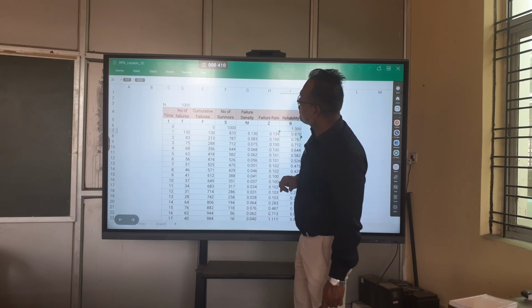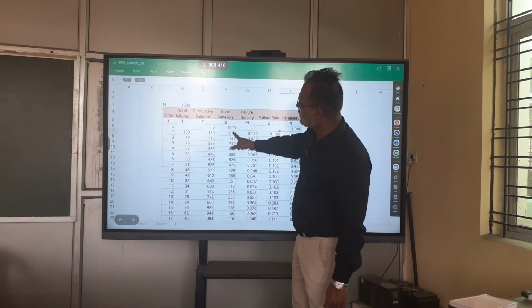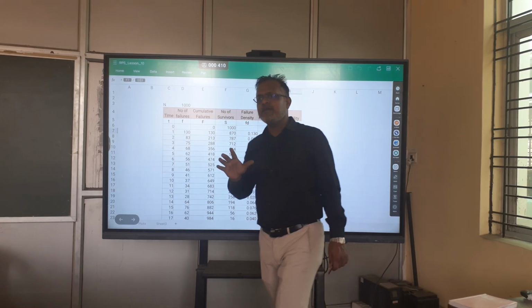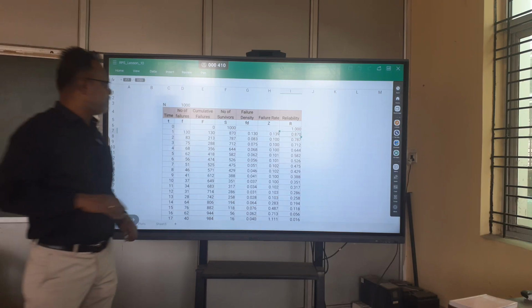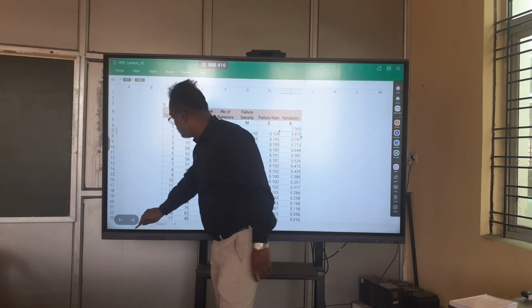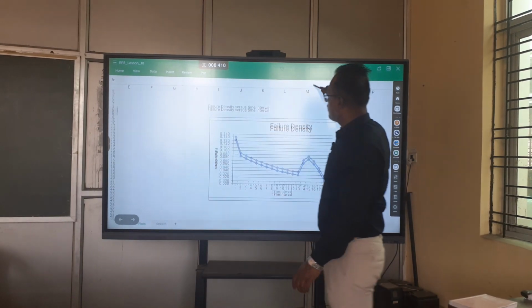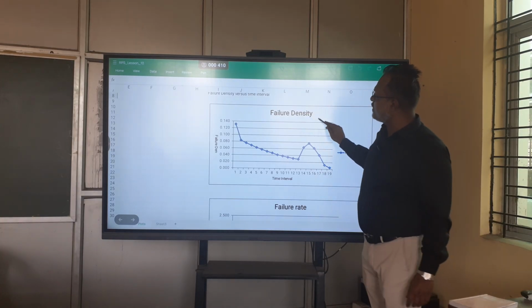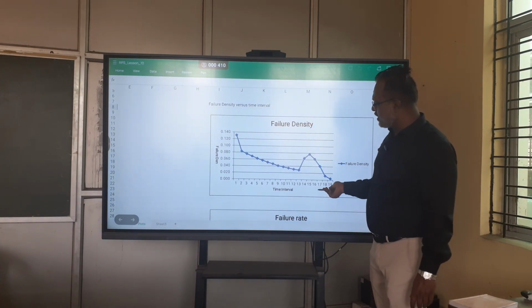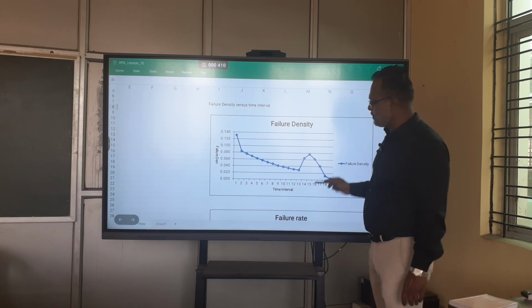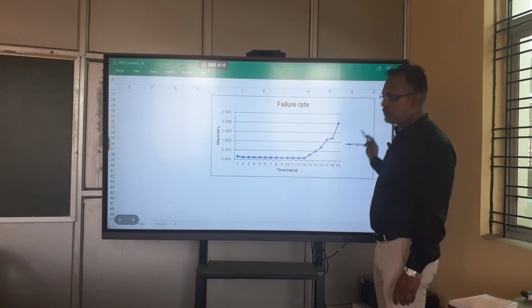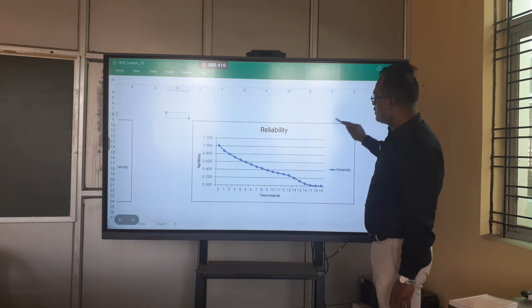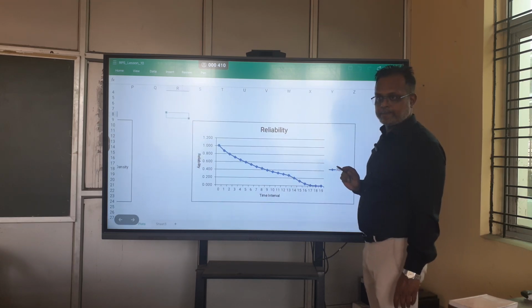The reliability is simply given by the number of survivors divided by total, which are performing well. Then all this data can be plotted. This is how the failure density versus time interval looks. This is how the failure rate looks. And this is how the reliability looks.